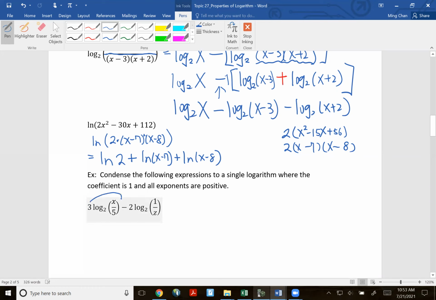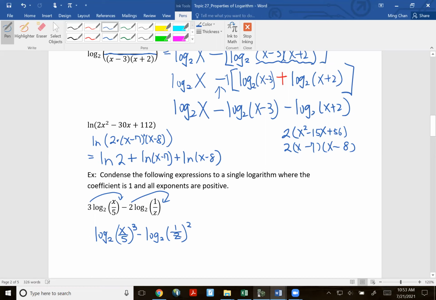So this 3 needs to go back up. This 2 needs to go back up. All right, so when you condense them, you basically do everything we just did in reverse. So now that should be log with the base 2 of x over 5 whole thing squared minus log with the base 2 of 1 over z whole thing squared. That's not squared. That's to the third power. Excuse me.